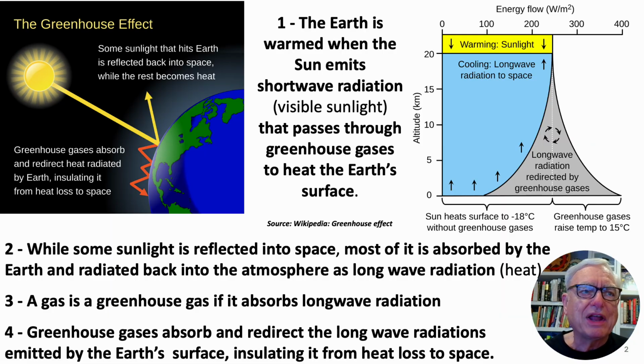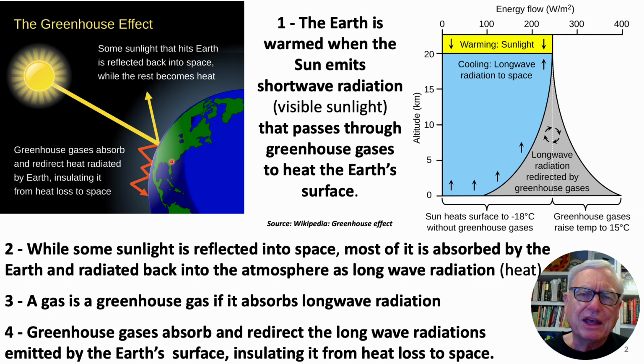Here is the first slide we talked about, the greenhouse effect, and we have the sun, and this talks about how Earth gets warmed. So sunlight comes down to Earth, and some of that sunlight gets reflected back through the atmosphere into outer space. That's because it's coming in the form of shortwave radiation, and that does not interact with some of the greenhouse gases.